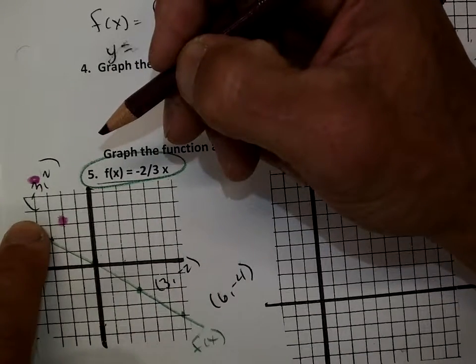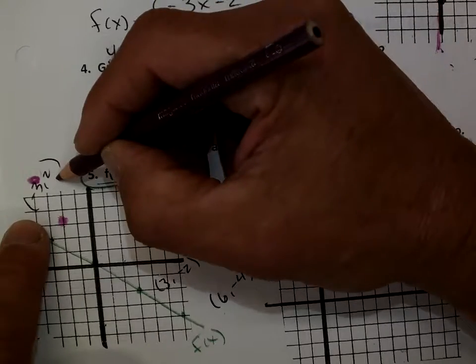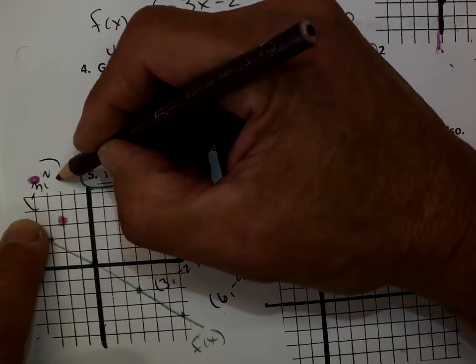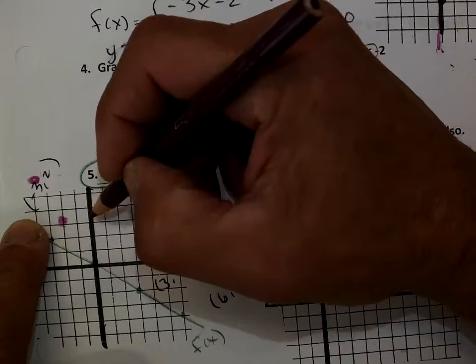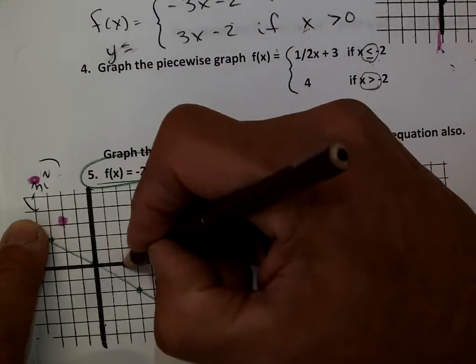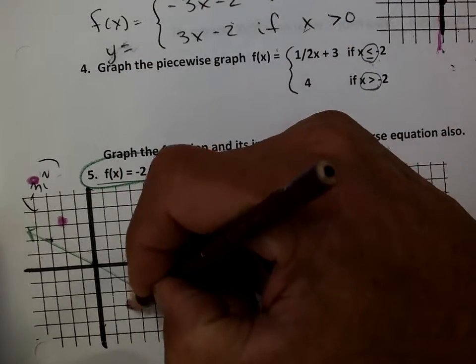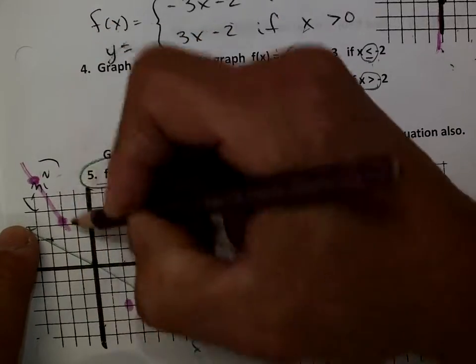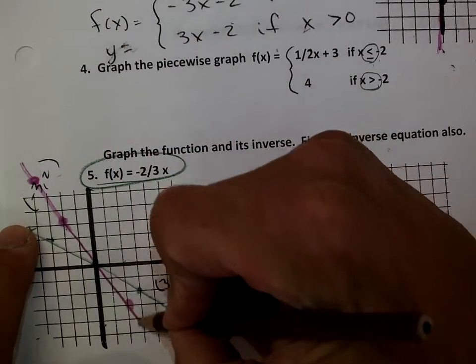This point is at -3, 2, so its inverse would be at 2, -3. And 0, 0 is just going to be 0, 0, okay?